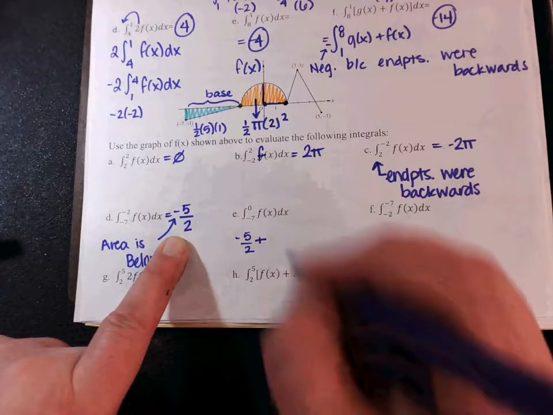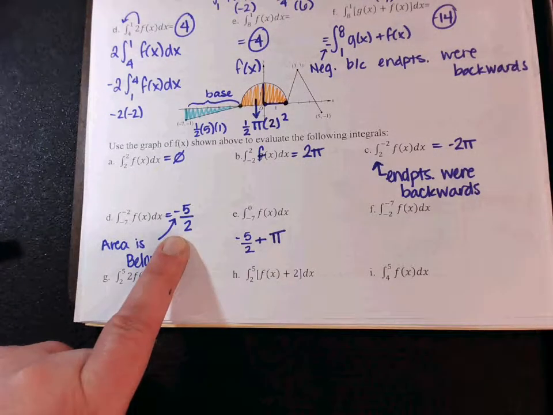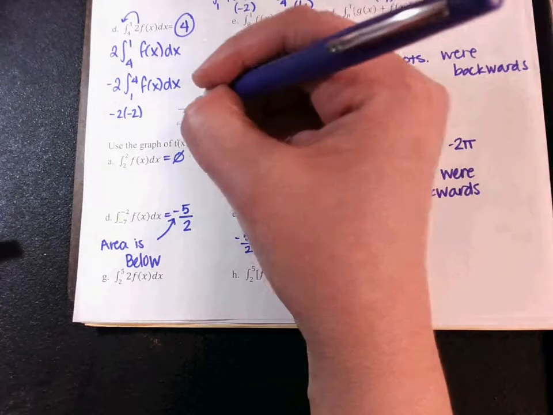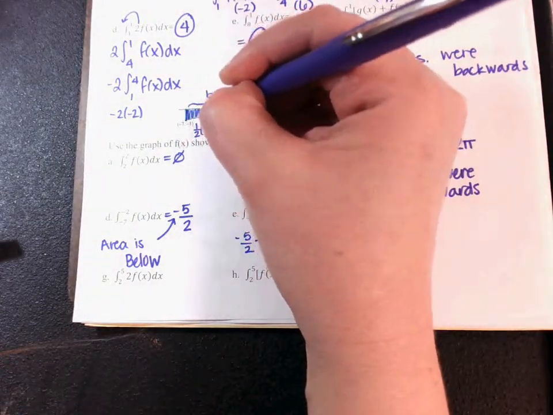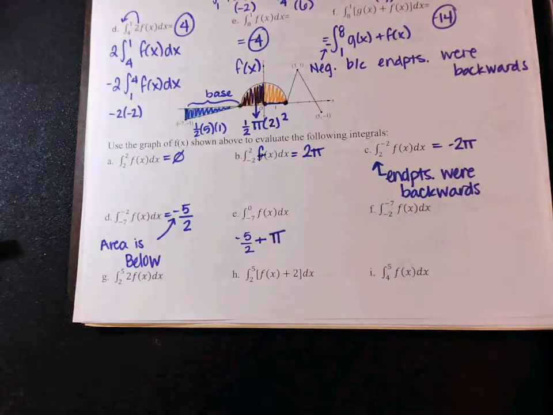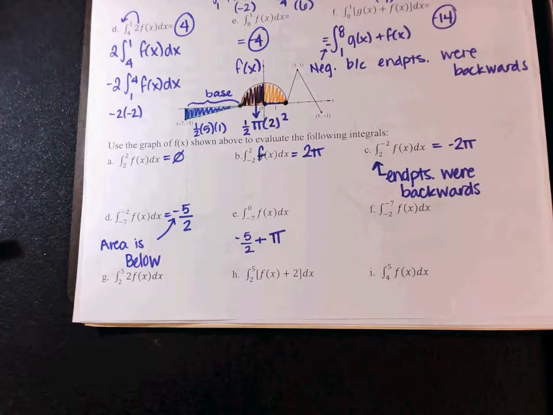Only half of it, so it would just be pi. So on that graph, I'm going to shade it here, but look, you would have shaded all of the triangle and then only part of the semicircle. So that's why we would be using only a pi instead of a 2 pi. Okay? Alright, go to letter F.